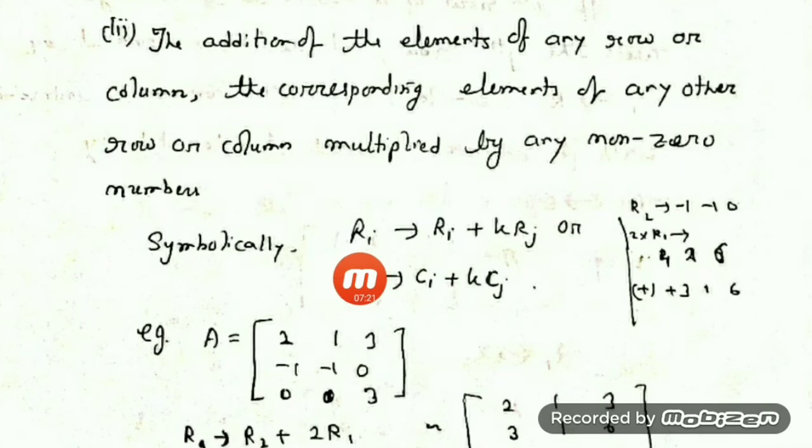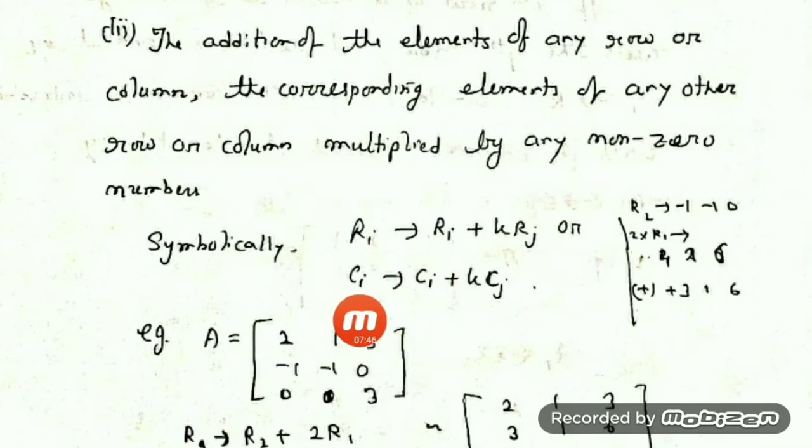Suppose we want to change ri. How to change ri? You keep ri as it is, multiply any row other than ri by a constant. Suppose I am selecting row rj, the jth row. You multiply the jth row with k, a non-zero number, and then add with the corresponding elements. Similarly, we can apply in a column also.